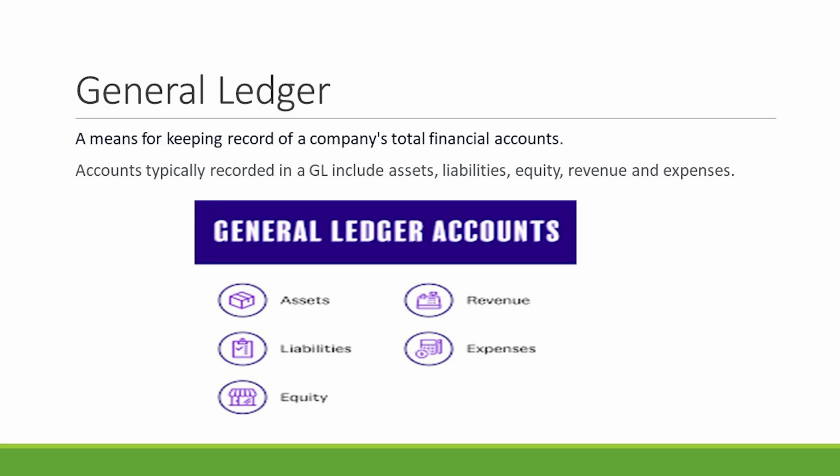The common sub-ledgers you will see: accounts receivable, which will show the money owed to the business. This is an asset account. Accounts payable, which shows the money your business owes to someone else, which is a liability account.